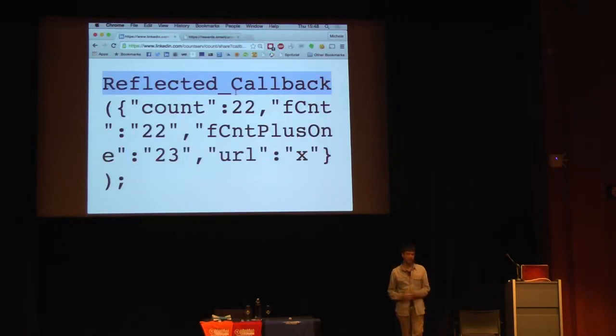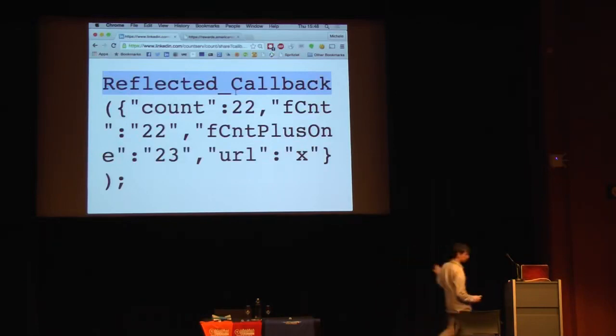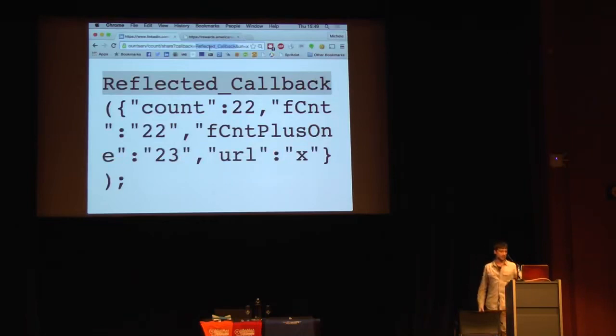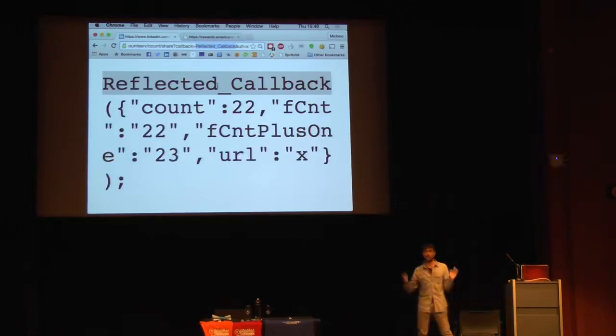If you want to execute JavaScript from another origin and you don't want to use the proper way of doing that, you can use a hack, and this hack is embedding an external script, for example this one on www.linkedin.com, countserv, count, share, and specify a callback. In this case, it's reflected callback. The content of the reply will be, at the beginning, reflected callback, which is the function specified, and then some data that is passed cross origin.